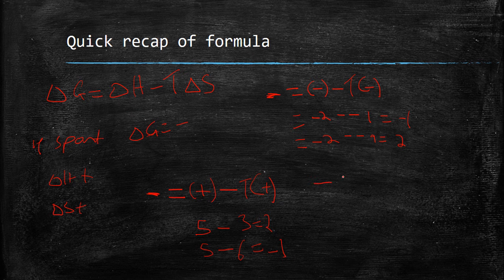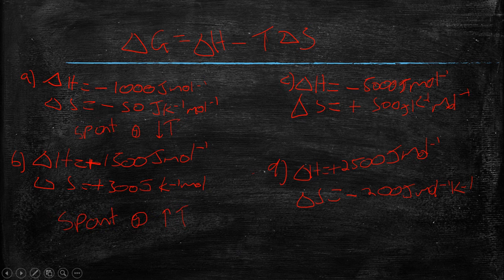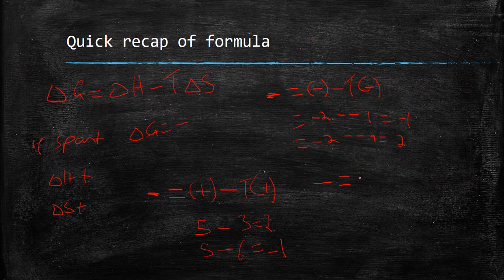So we need a negative, which is equal to delta H negative, put that in brackets just to clear things up, minus T positive. Alright, so we have a negative value subtracting a positive value. Okay, let's give that a shot as an example. Let's have negative 3 subtracting 5.